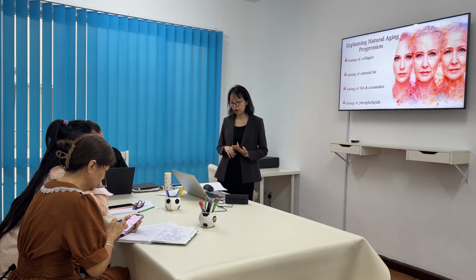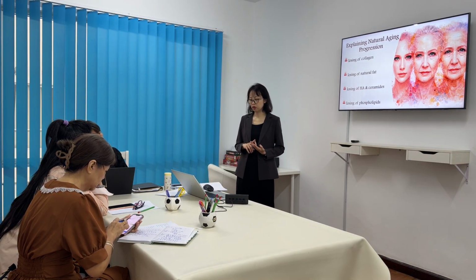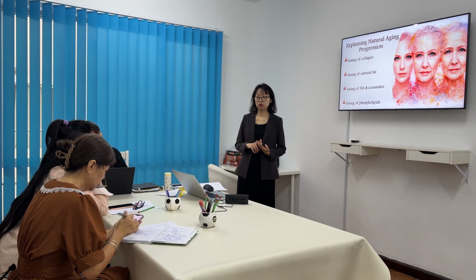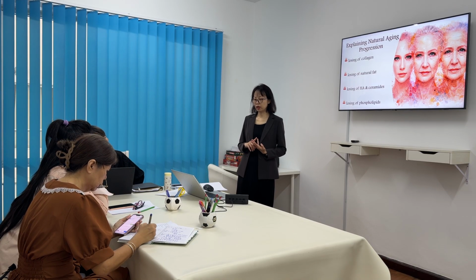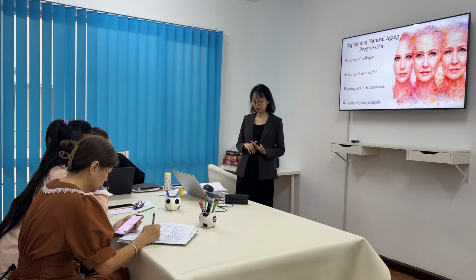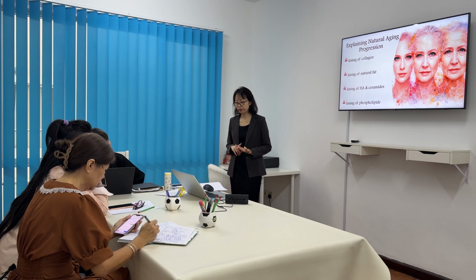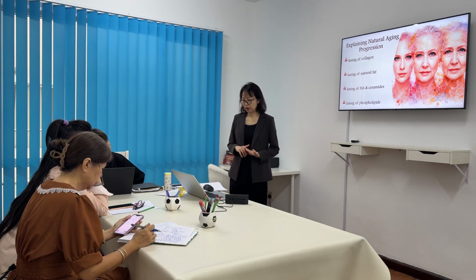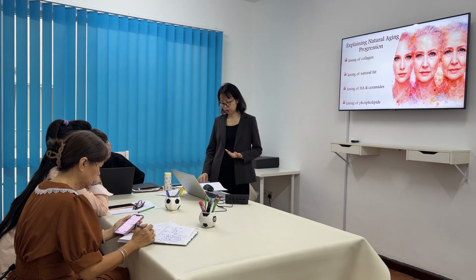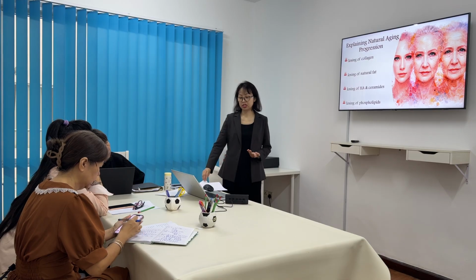Number four is avoid irritants because mature skin reacts faster and recovers slower. And number five is keeping a consistent routine. Mature skin improves with stable routines and not constant changes. So the goal is not to force the skin, the goal is to support the skin.